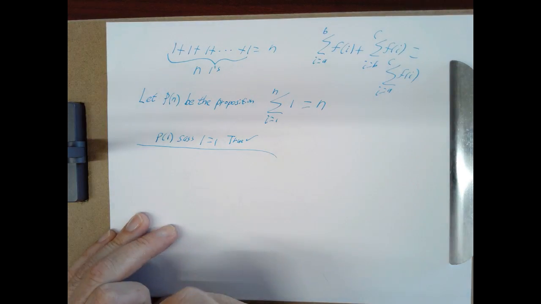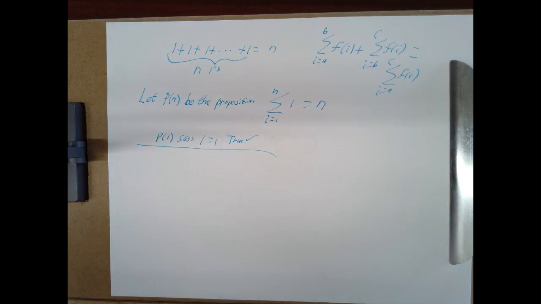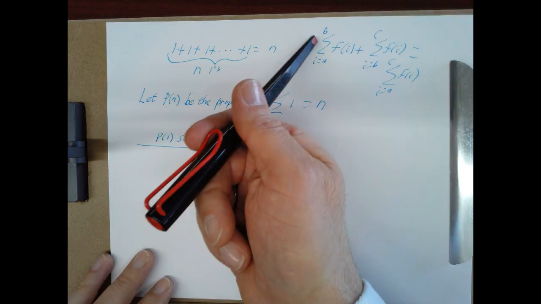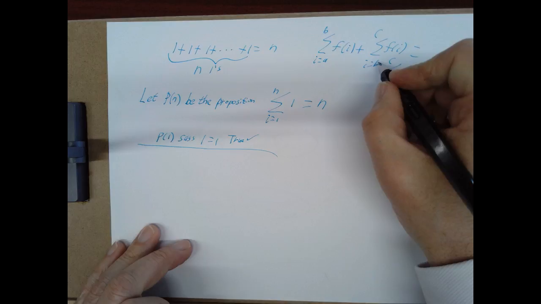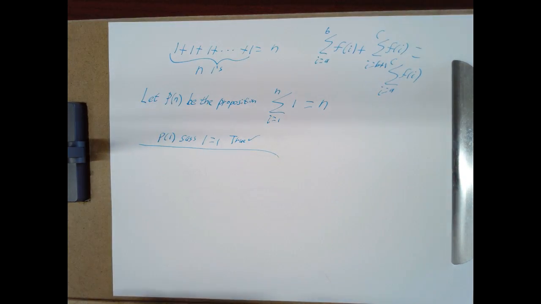In other words, you can break these summations up into two smaller summations as long as this one ends where this one begins. Sorry, that should be plus 1. So this can go from a to b, this can go from b plus 1 to c.